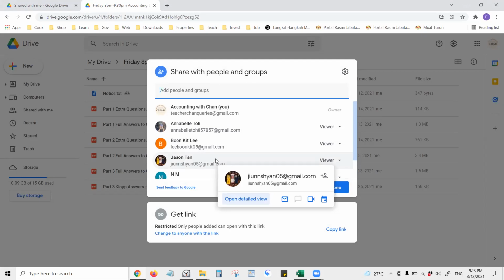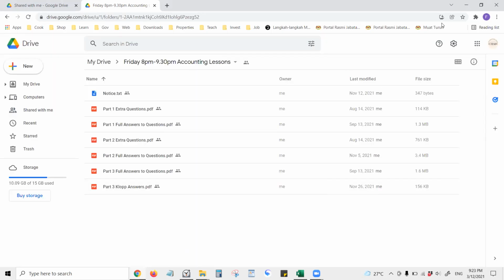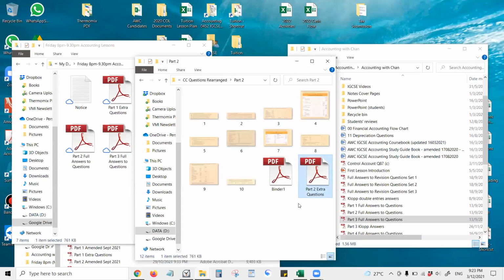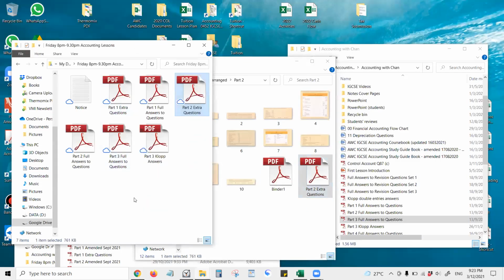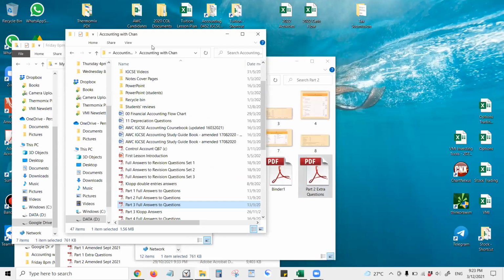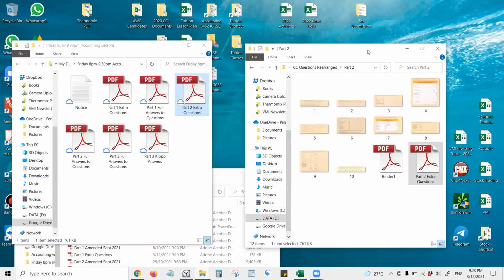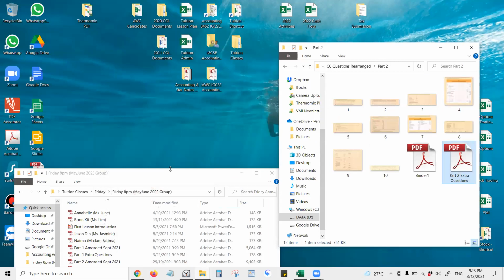Not too sure what the problem is. Okay, I sent it to you through WhatsApp, but you have to find out how to get to here. It's a folder that I've shared with you. Maybe you can see my screen first. Hold on, I'm also confused. So many folders here.